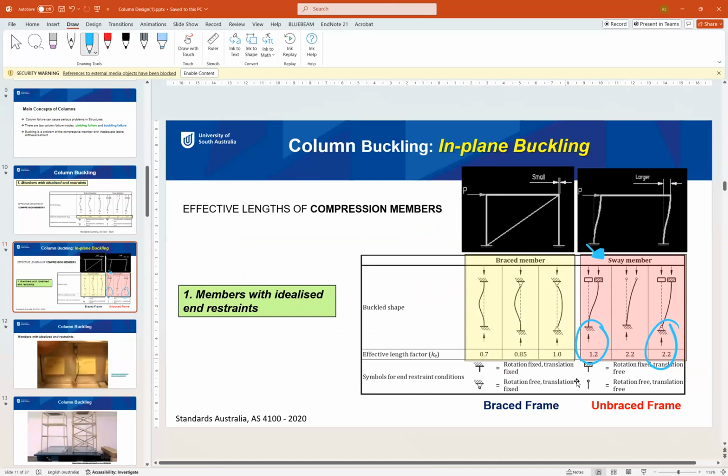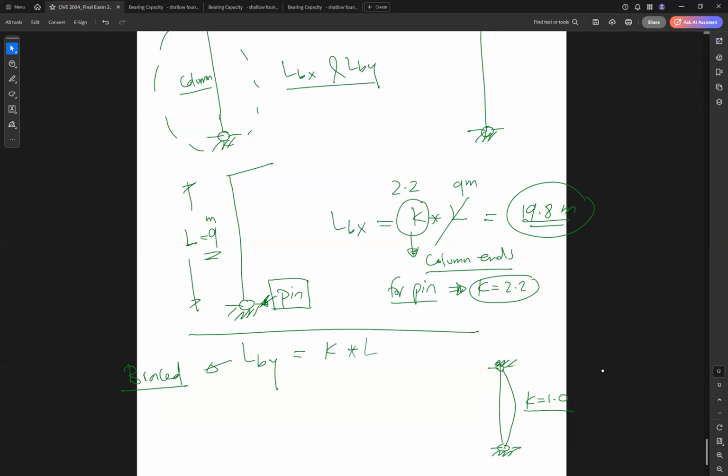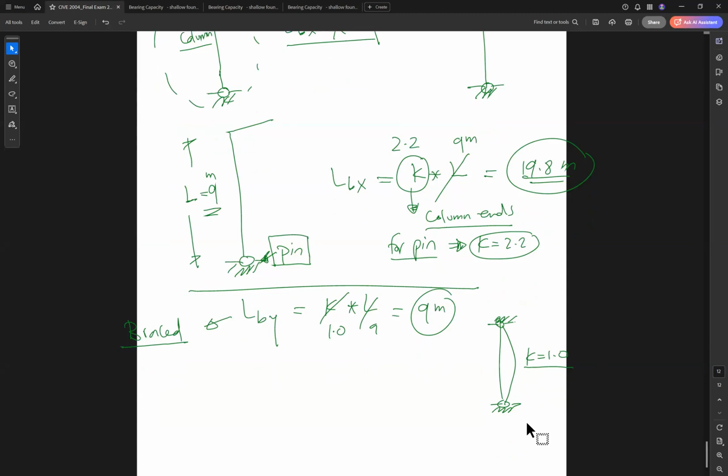So for out of plane, or LBY, all the time you take it as 1. Where will the change happen? In LBX, which can be 1.2 or 2.2 based on the support. So K times L, K is 1 times 9 equals 9 meters. This is for LBX and LBY.